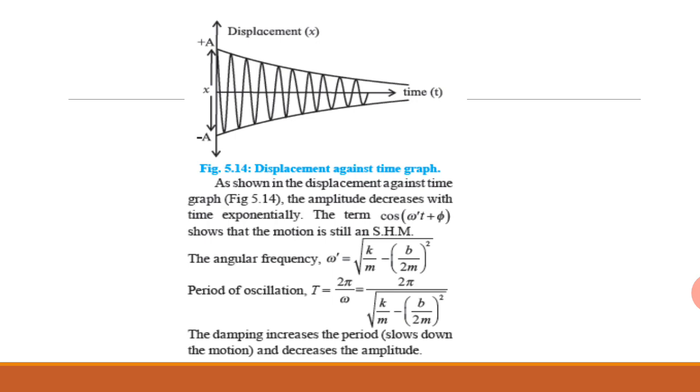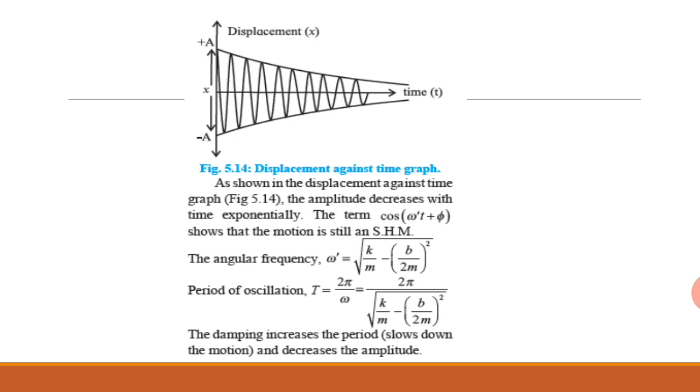If we draw a graph of displacement versus time, what will happen? This kind of damping can be seen in the graph also. So in this displacement against time graph, the amplitude decreases with time exponentially.